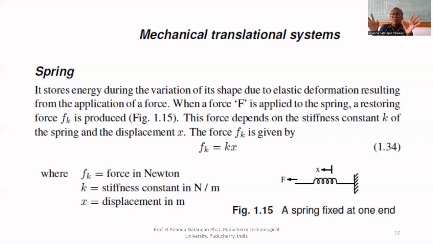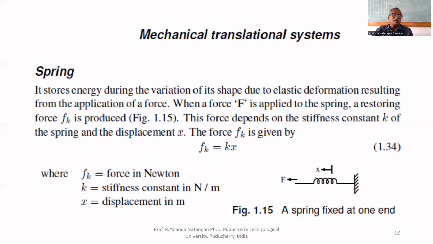Therefore, any electrical system has the property of resistance, because a wire has resistance, as you know. It has inductance and capacitance properties. That's why any electrical system is made up of resistor, inductor, and capacitor.